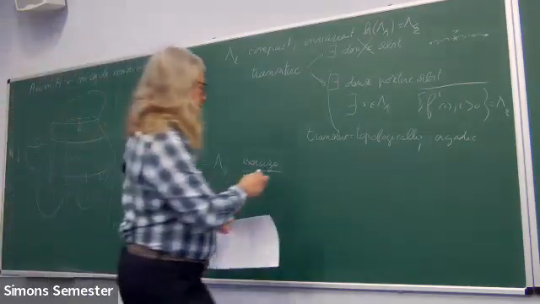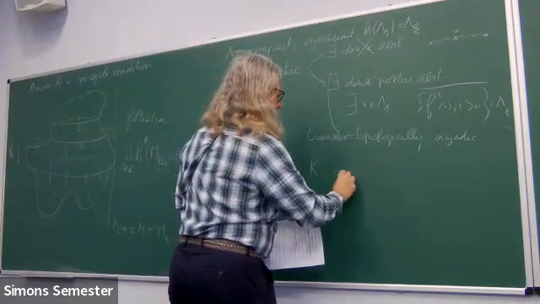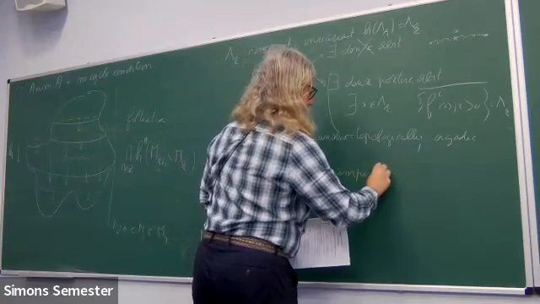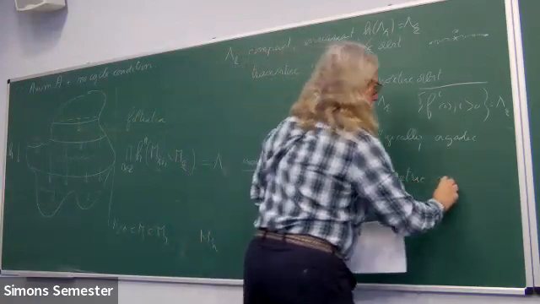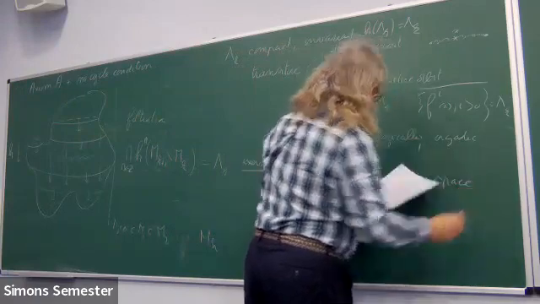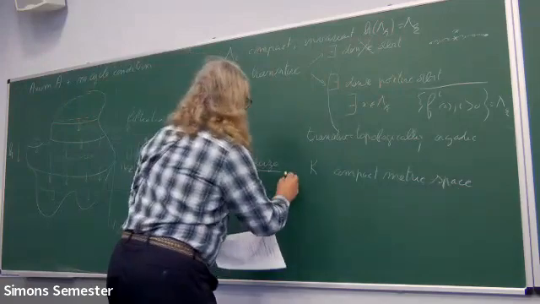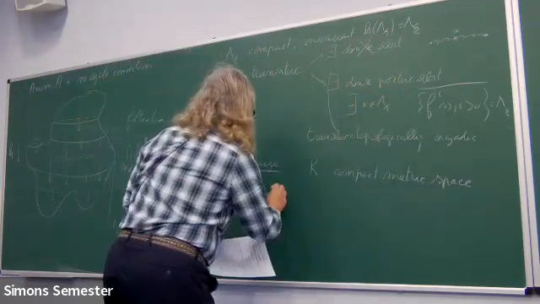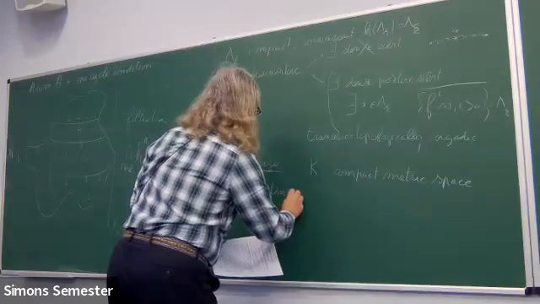So take, I don't know, K, a compact metric space, and show that it is transitive in this sense, or as you prefer, topologically ergodic.